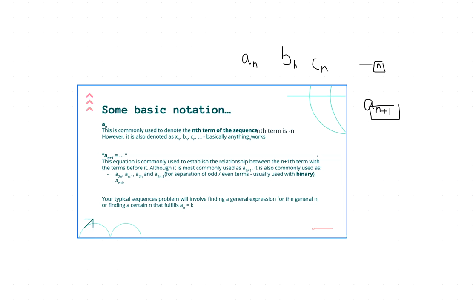We also see a_2n or a_(2n-1). This is a really good way of separating the even terms in your sequence from the odd terms, which can be helpful if you're trying to identify a pattern that alternates.